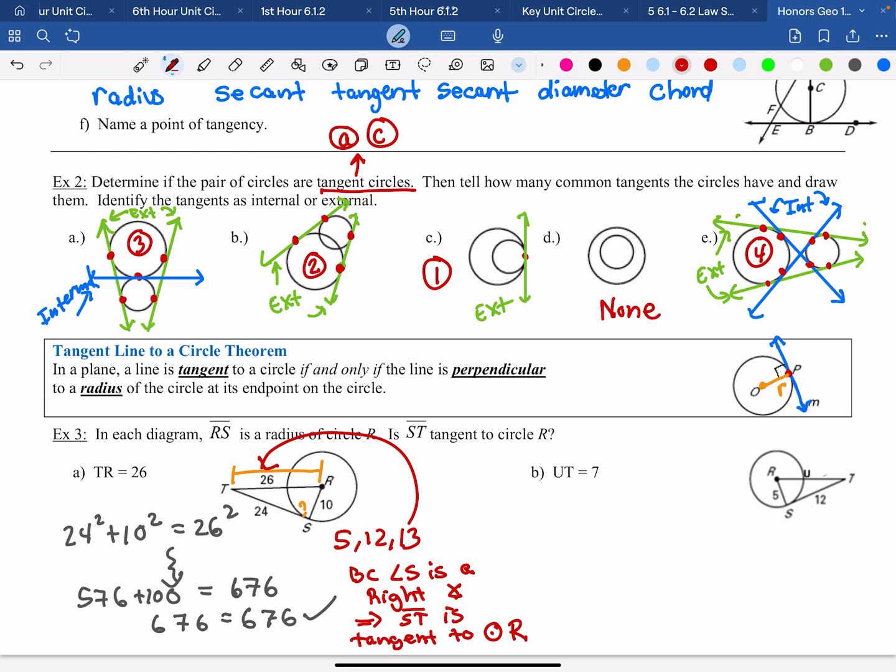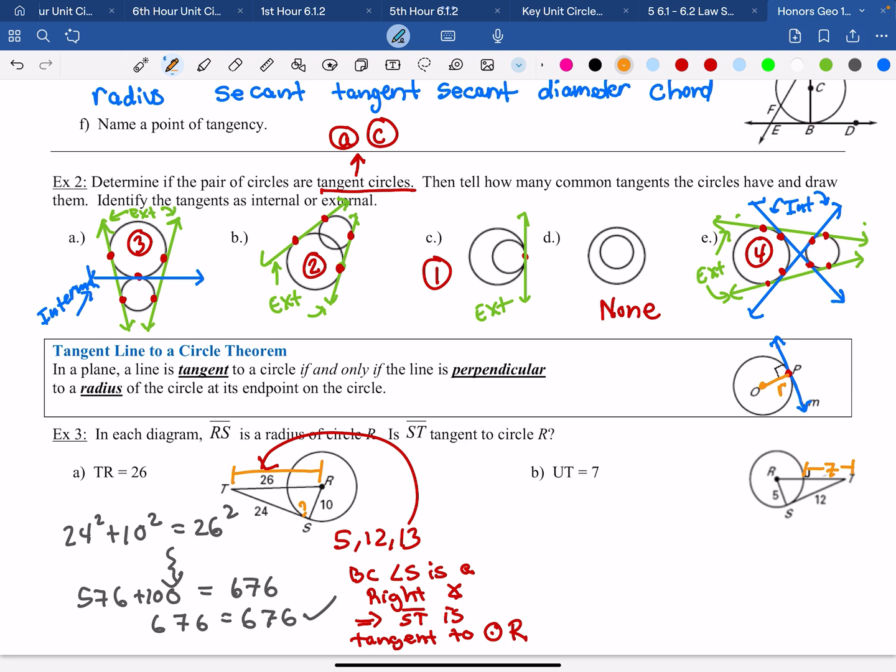Notice over here for this one, it says that UT is equal to 7. So that's this value right here, just from here to here. In this problem, the question is, is ST tangent to the circle? It would only be tangent if RS was perpendicular. So we need to know all three side lengths of this triangle.